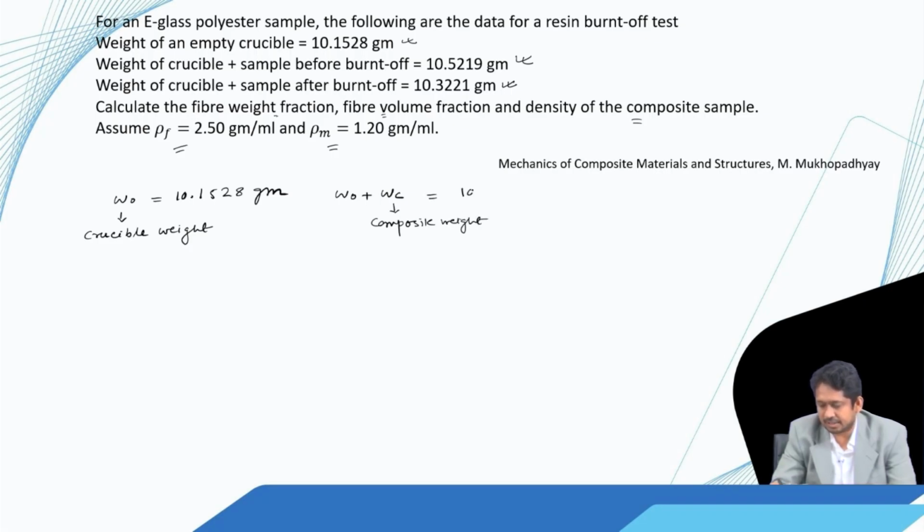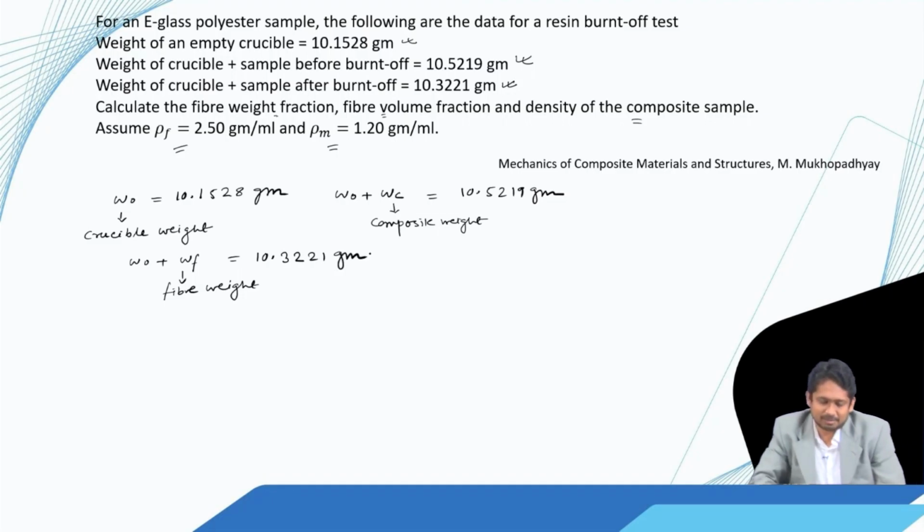And that weight is 10.5219 gram, and we are also given W0 plus WF, with WF being the fiber weight, and that weight is 10.3221 gram.